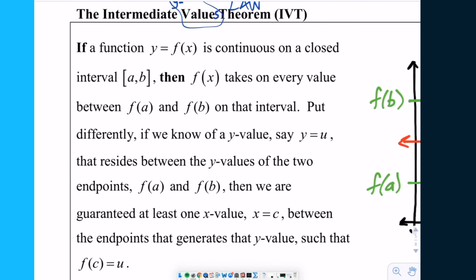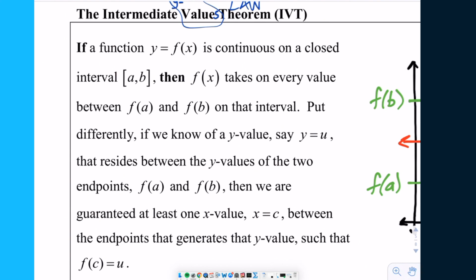Then every single time, we can say that the function f will take on every possible value between f of a and f of b on that interval from a to b. Now, what are f of a and f of b? Those are the y values at the endpoints, right? That's all it is.